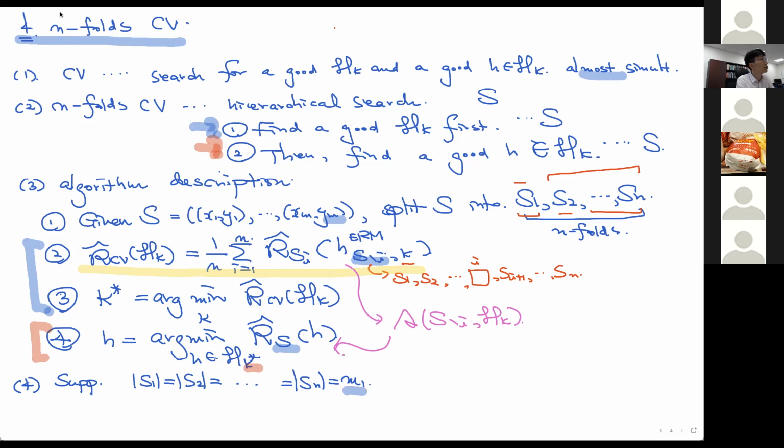If that's the case, then what steps 2 and 3 compute is an unbiased estimate.